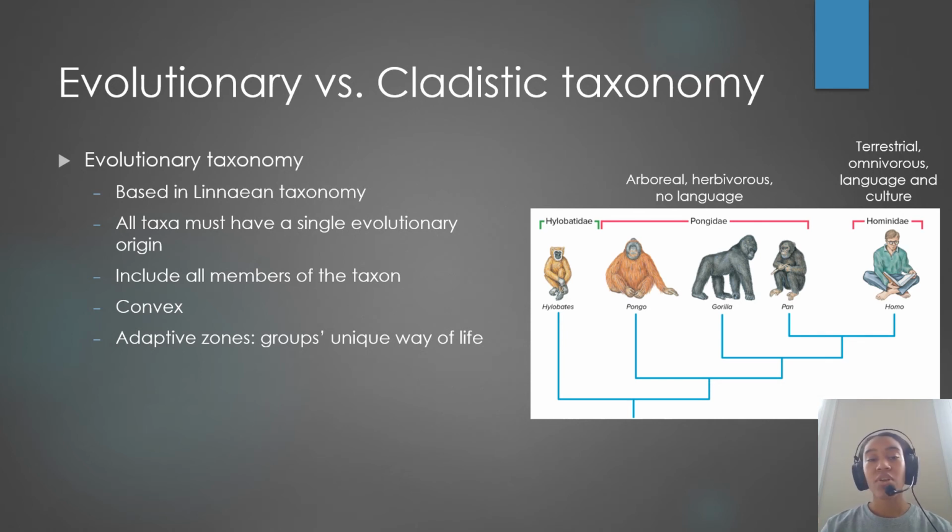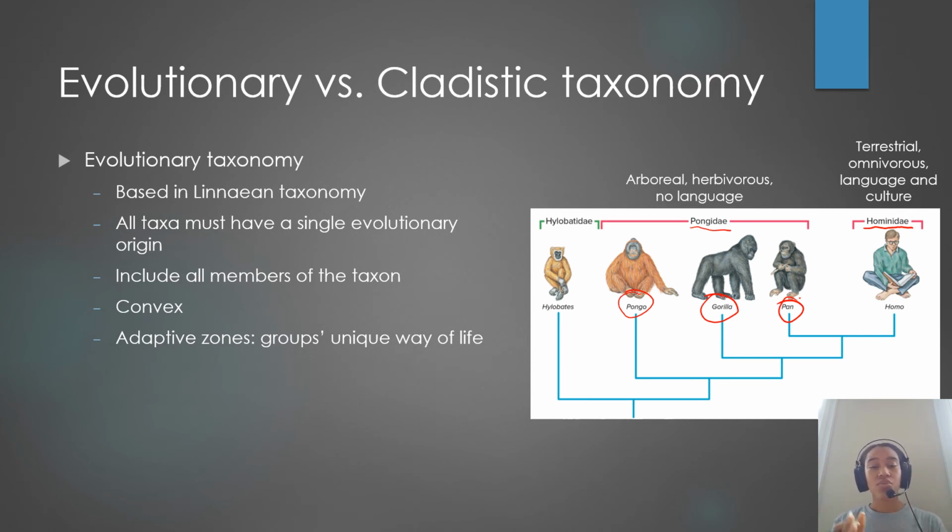If you're an evolutionary taxonomist, you include humans and their most recent common ancestors in Hominidae. Then you include the chimpanzees, gorillas, and orangutans under Pongidae. You do this because you're looking at their adaptive zones.